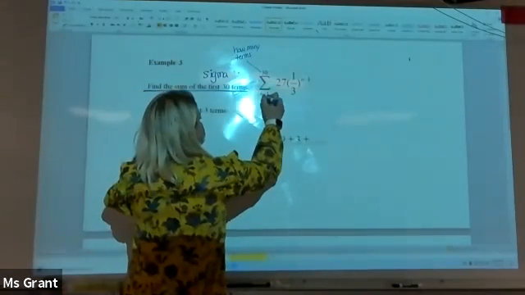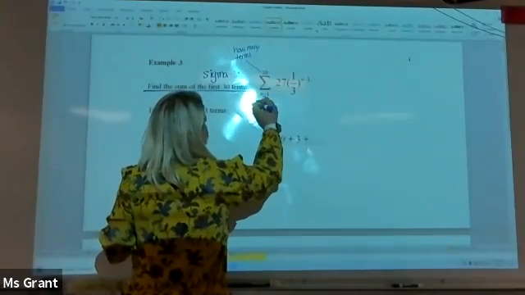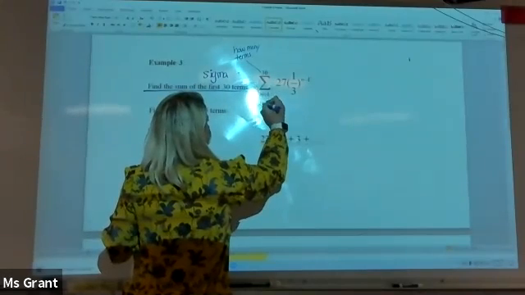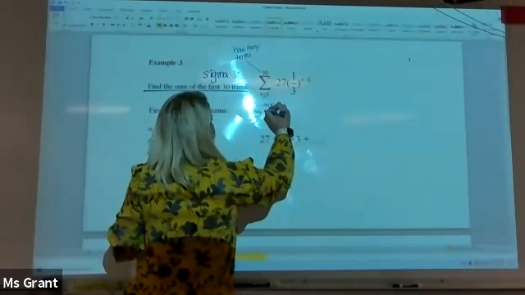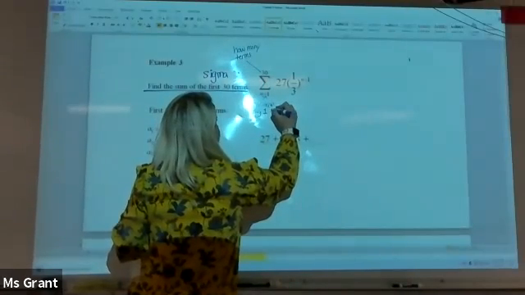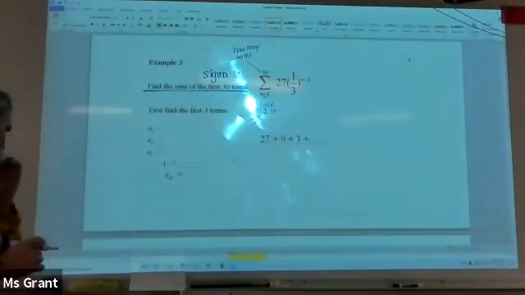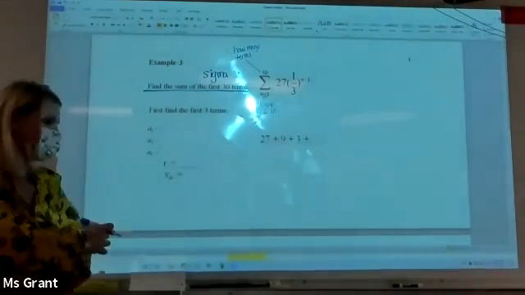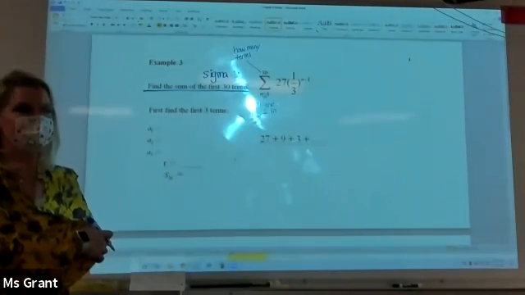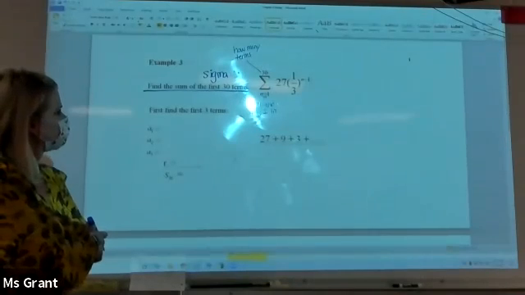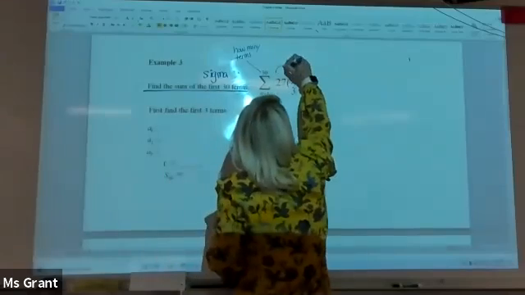N means first term, or plug 1 in. Usually you'll see a 1 there. If it's a 2 or a 3, that means that you plug a 2 in. This is my actual equation.